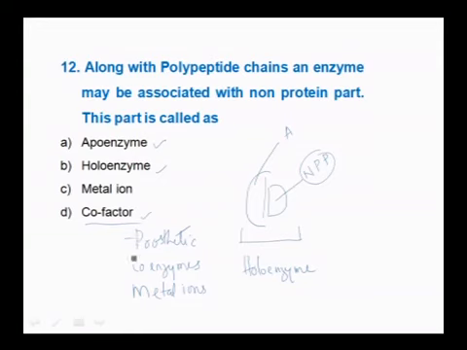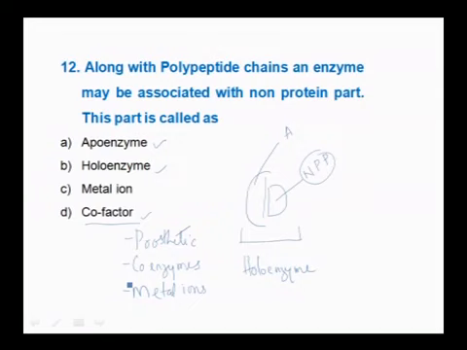So all these three are the types of cofactors. Do remember, cofactors, as I said, are the non-protein part, where the prosthetic group is an organic part permanently attached to the apoenzyme. They are tightly attached to the apoenzyme, you cannot separate it.